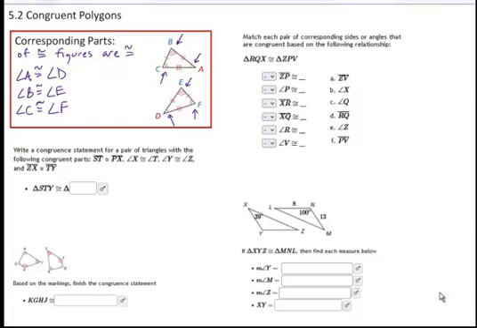So the same holds true for side lengths. So if I took the side length AB, so that has two tick marks, which side in the other triangle that it's congruent to does it match up with? Two tick marks is DE. I can take side BC. Side BC corresponds to what side of the other triangle?